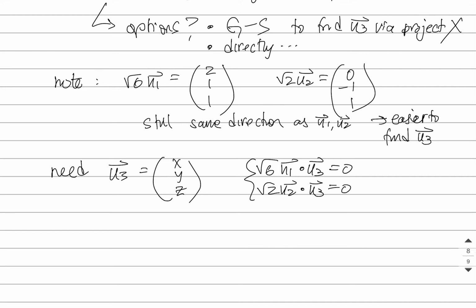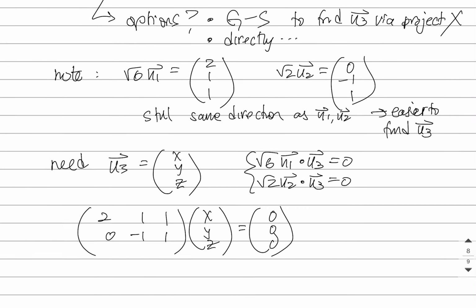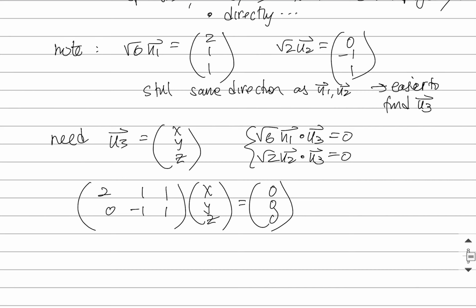So if you want to think about it, what we need to do is solve the following system. 2, 1, 1, 0, negative 1, 1. When I dot it with this vector here, it has to produce zeros. Effectively, that's what's happening.